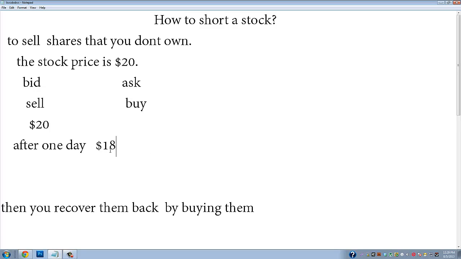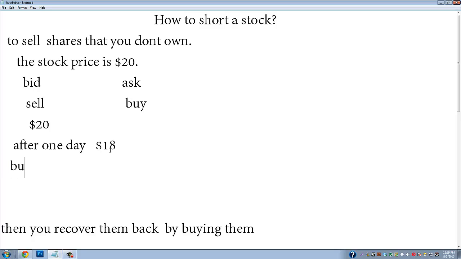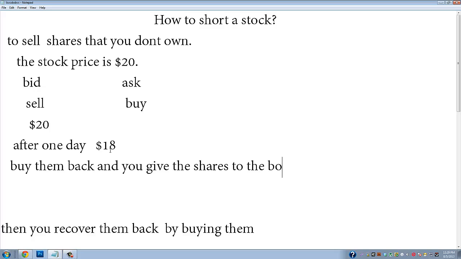Now when it is $18, you buy them back and you give the shares to the broker. So it's the opposite, you do the opposite as when you go long.